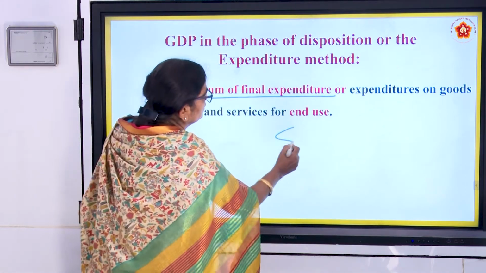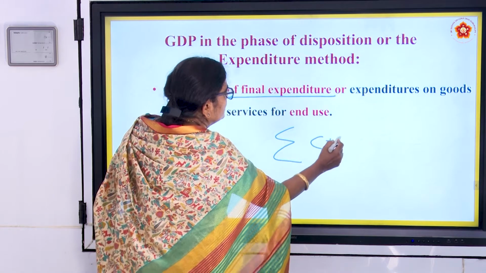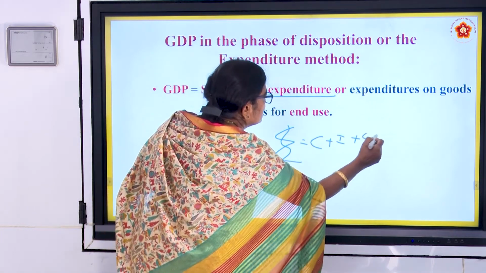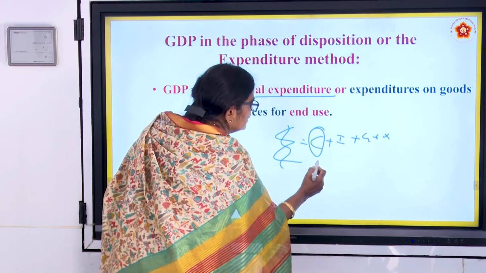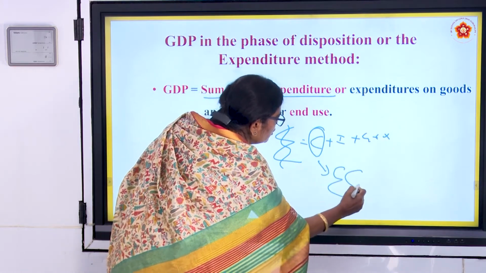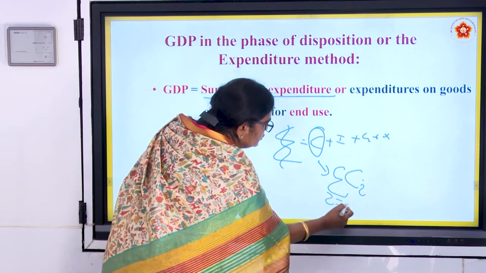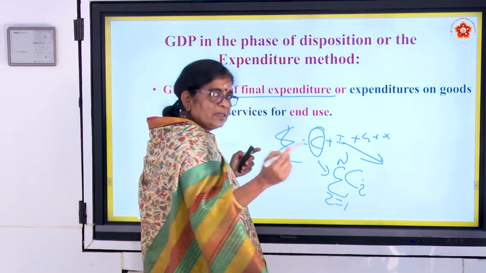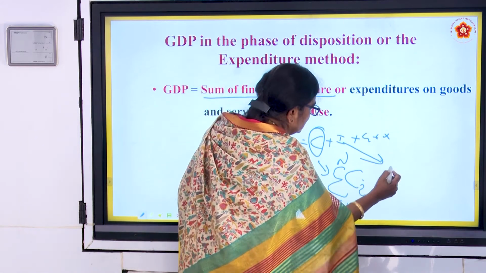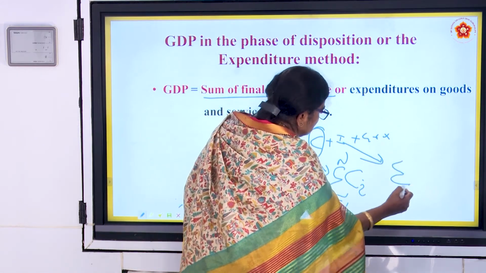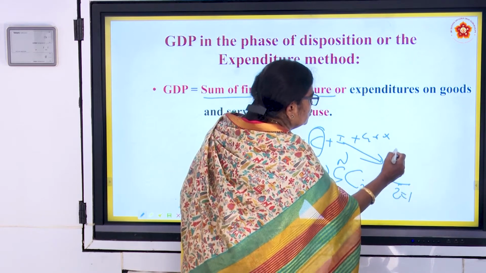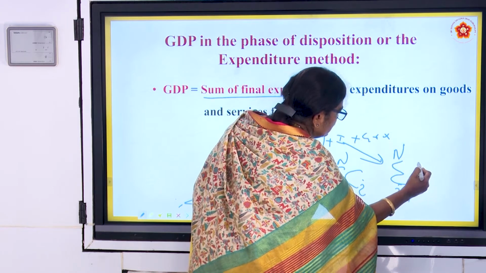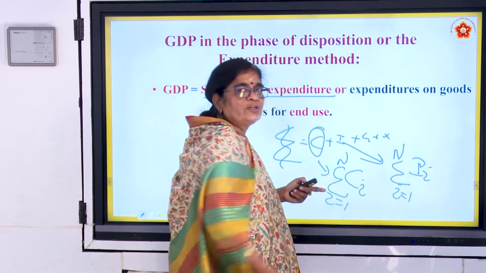That is what we wrote: GDP is equal to C plus I plus G plus X minus M. This C is what? Summation of all the consumption expenditures, with i equal to 1 to N. I hope you recall the last class session where I explained this: i equal to 1 to N firms means all the firms will be added together.